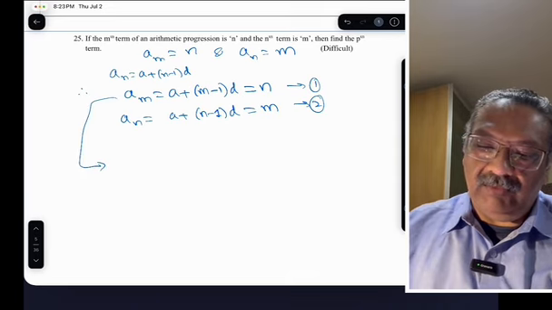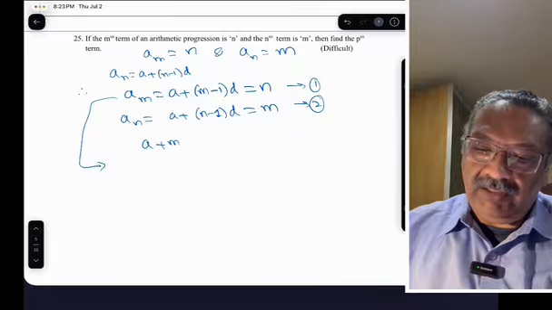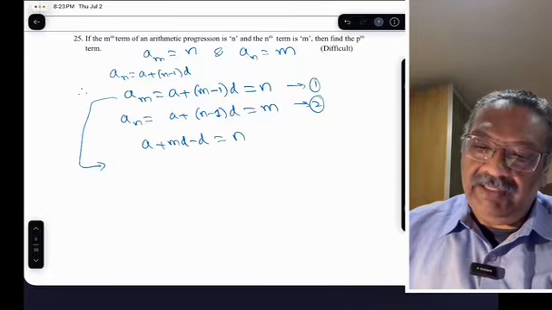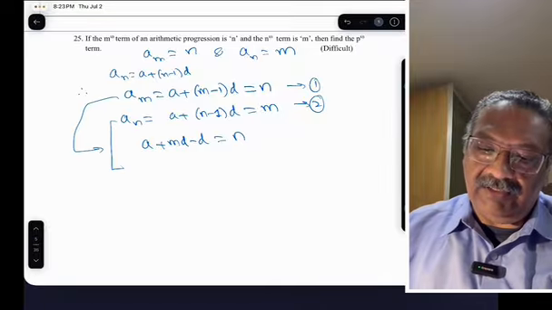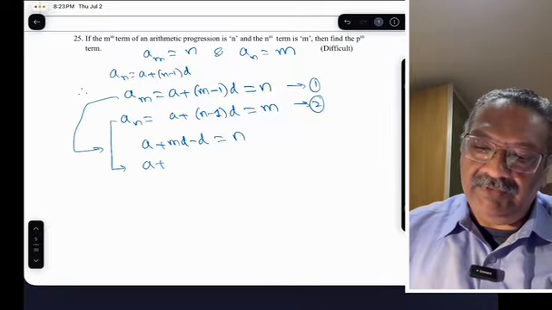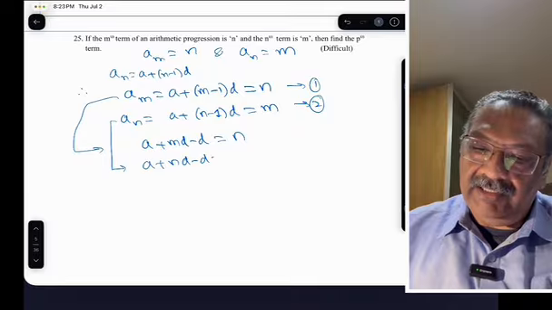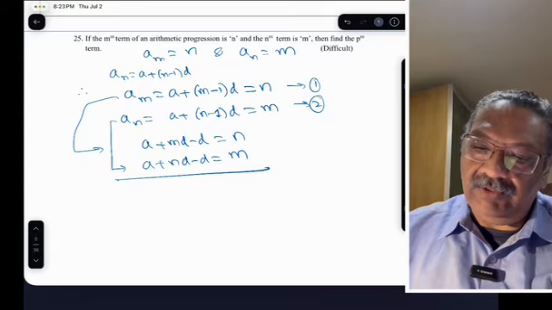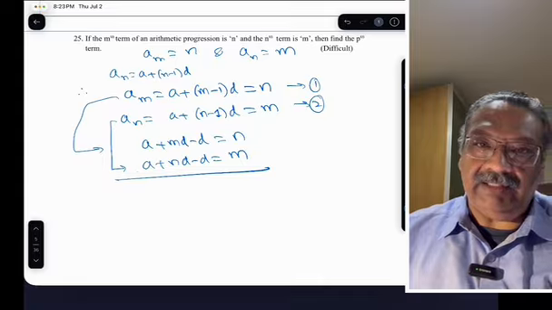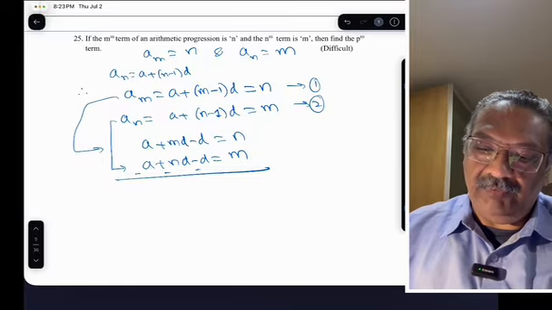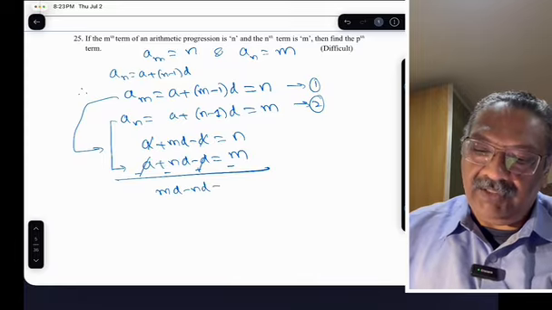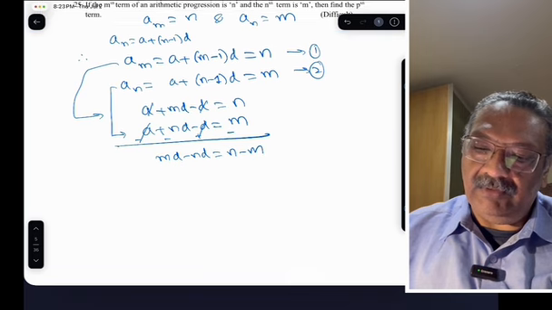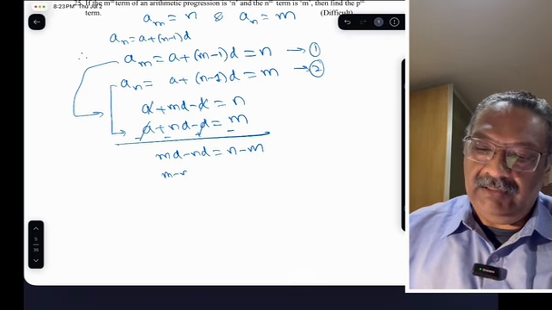So equation 1 becomes a plus md minus d is equal to n. Then equation 2 becomes a plus nd minus d is equal to m. Let us subtract 1 minus 2. So a cancels, d cancels, md minus nd is equal to n minus m.